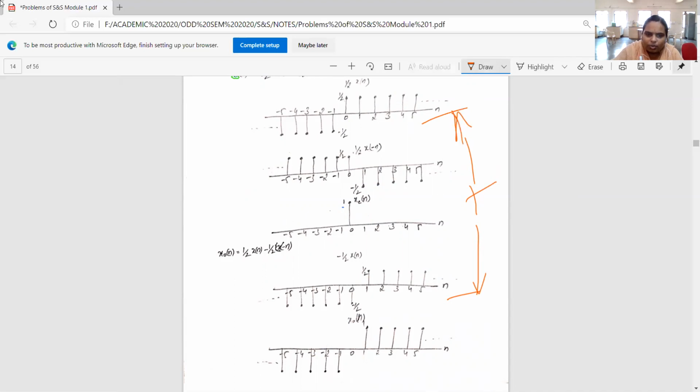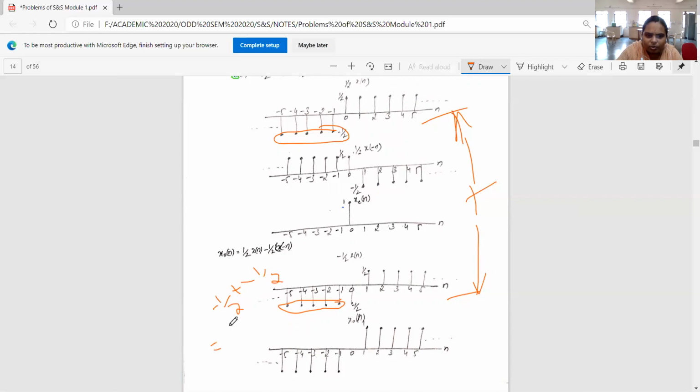Now if I add 1 by 2 x of n, what is going to be here? Minus 5 to minus 1, the amplitude is minus 1 by 2. Here minus 5 to minus 1, the amplitude is minus 1 by 2. So minus 1 by 2 plus minus 1 by 2, what will I be getting here?